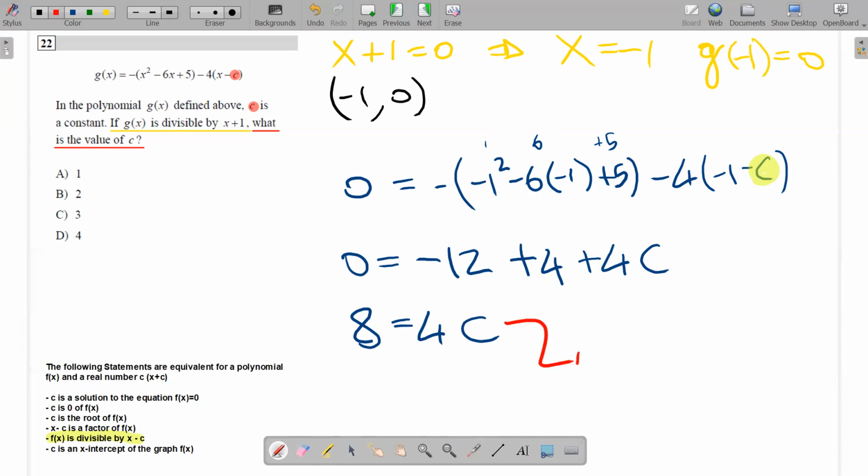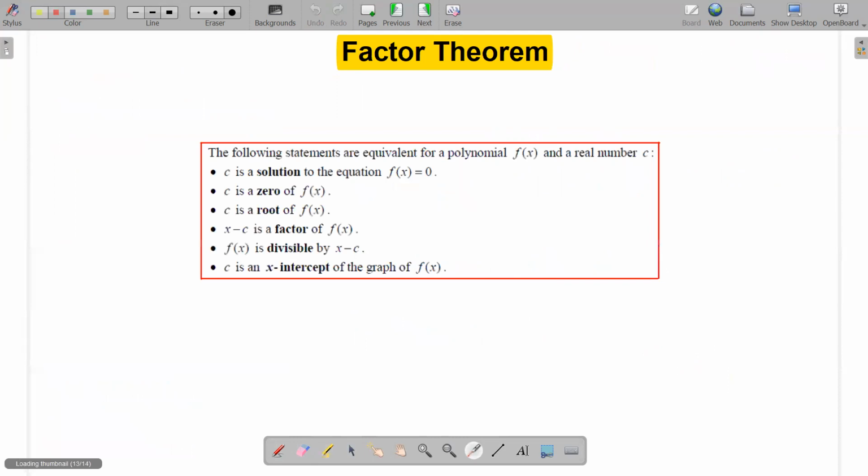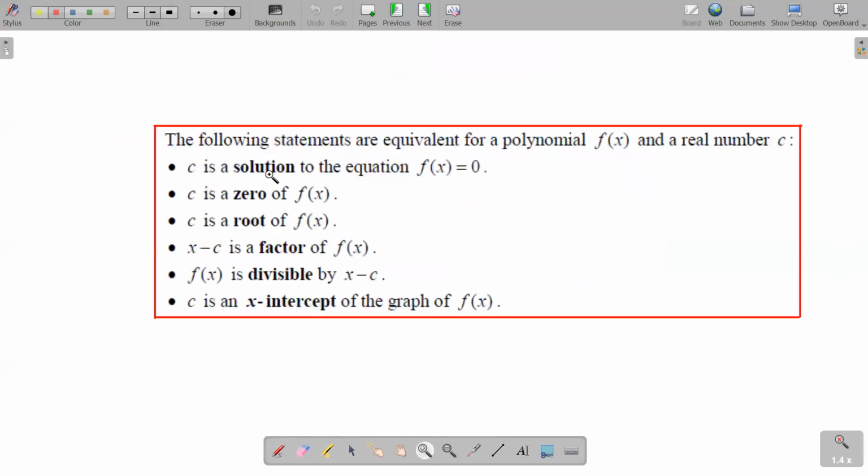So here we solve for c, and that one will be 8 divided by 4, which is 2. The question all of a sudden becomes a joke by understanding the application of the factor theorem. Because again, there are a series of statements that we can use to solve it.